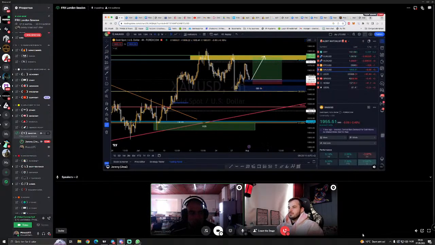We probably chop around a little bit, and if it does what I guess it will do, then it will finally break through. And when it breaks through this yellow barrier here, this is a run of about 100 pips upwards. All right, so therefore this zone is very important. We want to monitor it and watch what the market will do.